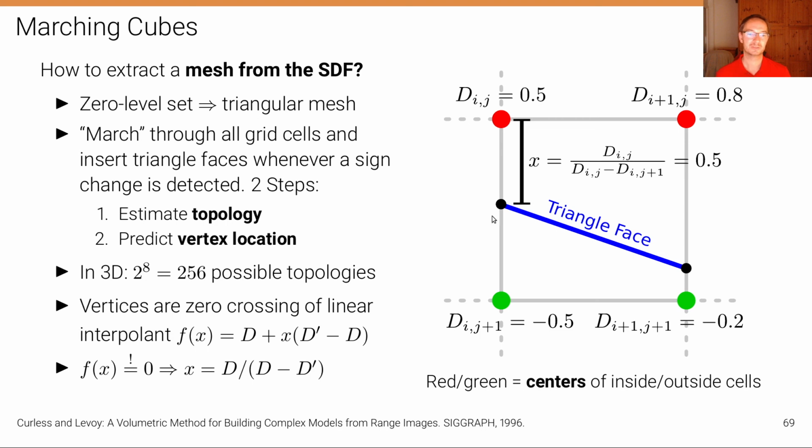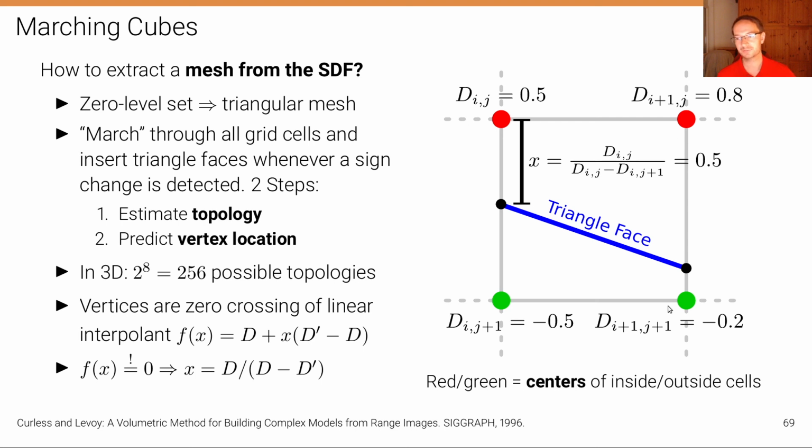If we set this to 0, we end up with this very simple equation here. With 0.5 and minus 0.5, we have 0.5 over 1, which is 0.5, so it's intuitive that the intersection should be exactly in the middle.